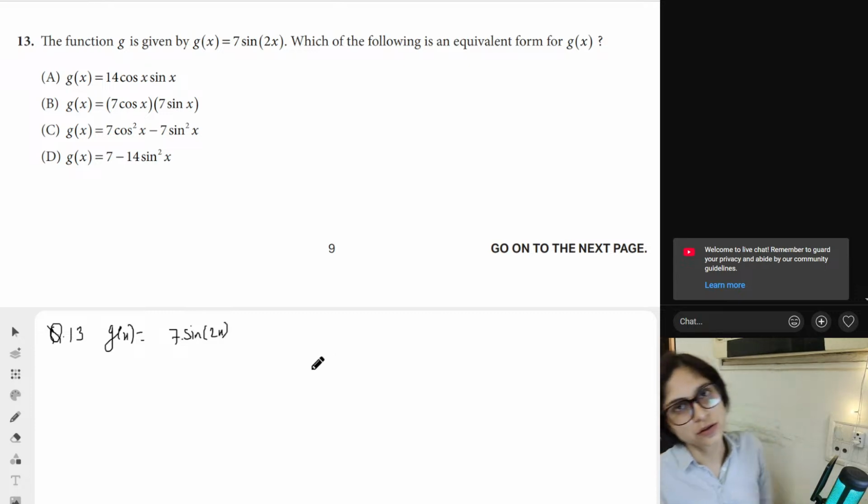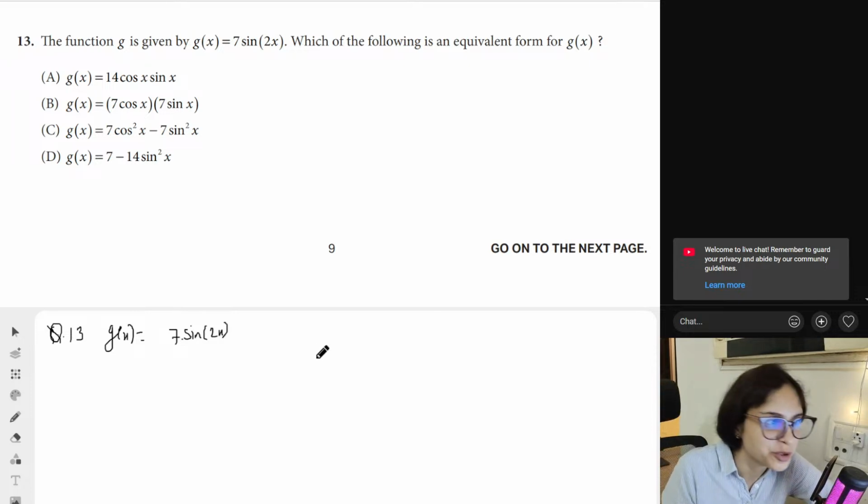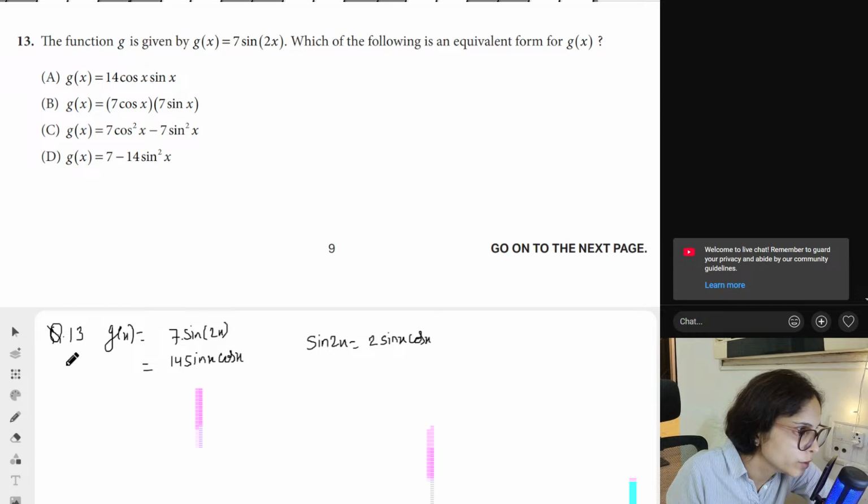This is also from the third unit, the trigonometry, and there's a lot to remember over there. So sine 2x is 2 sine x times cosine x. So this would become 7 times 2, which is 14 sine x cosine x. And that is given in option A. So A is the correct answer.